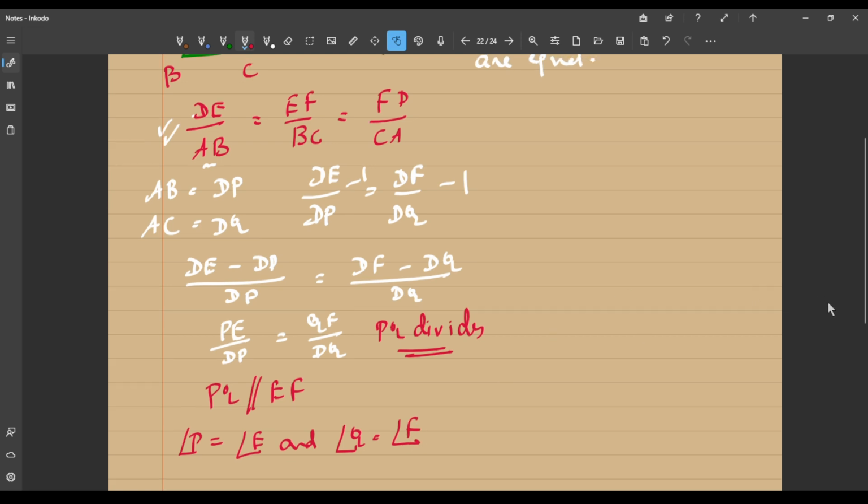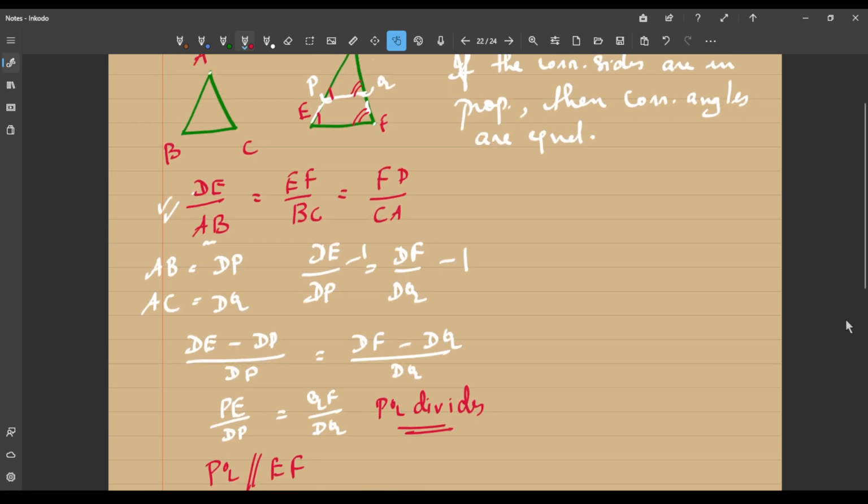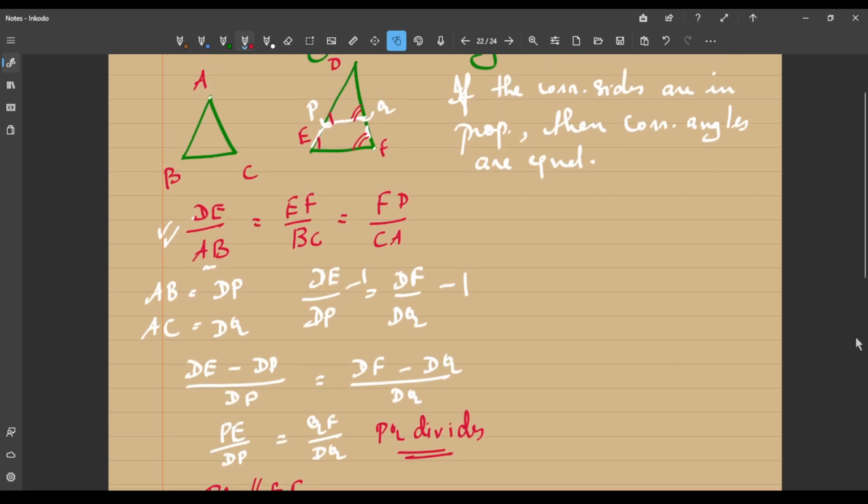Now, since these two angles are equal and you have this ratio here, let me call this ratio 1.